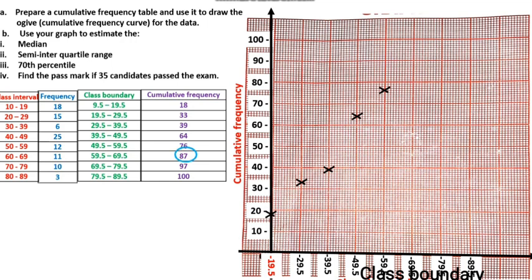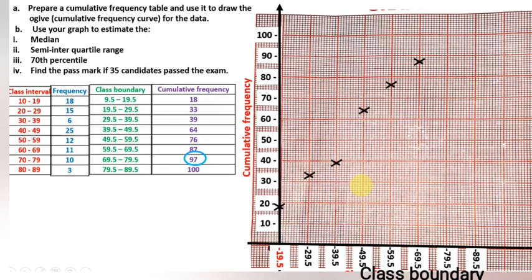So we're going to trace that out on the graph again, then draw a cross at that point. Now for 79.5, the cumulative frequency is 97. So we are going to plot the point, trace the point out on the curve, on the graph. Okay, then mark the point with a cross.